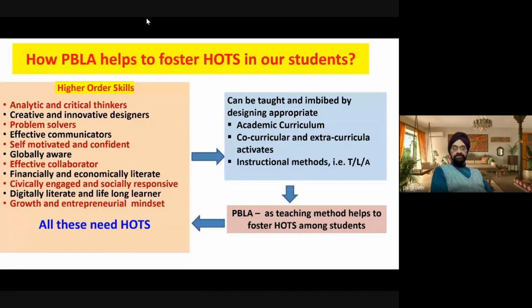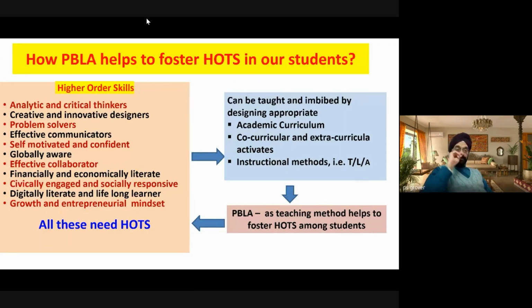Now, what are the higher order thinking skills? Just on the right side, I've listed them: problem solvers, global aware, all those things. Now, they can be taught and imbibed by designing appropriate curriculum, co-curricular, extracurricular activity and instructional methods.